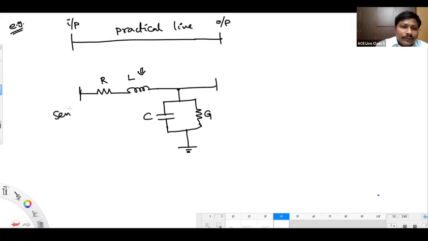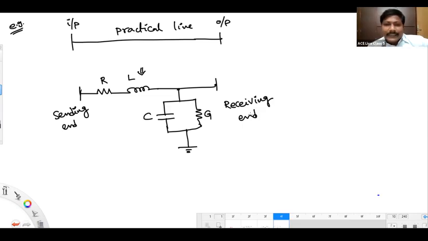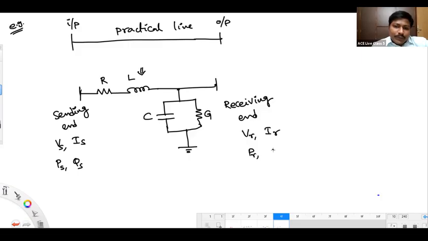The output side can be called the receiving end side. Notations: sending end voltage and current, VS, IS; powers, PS, QS. Receiving end voltage and current, VR, IR; powers, PR, QR.